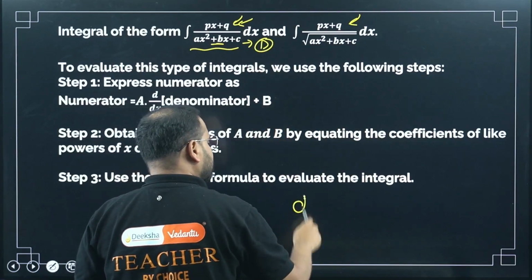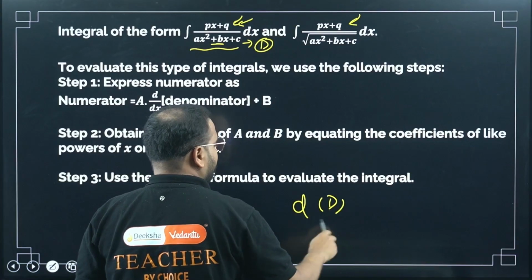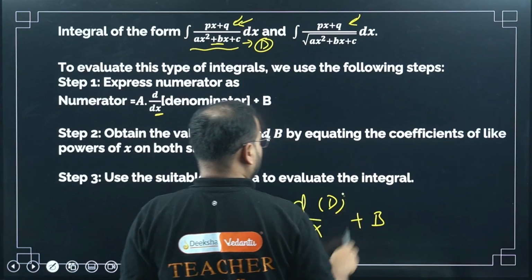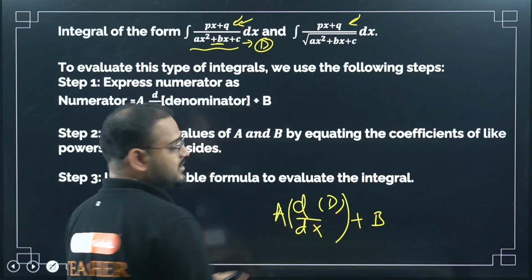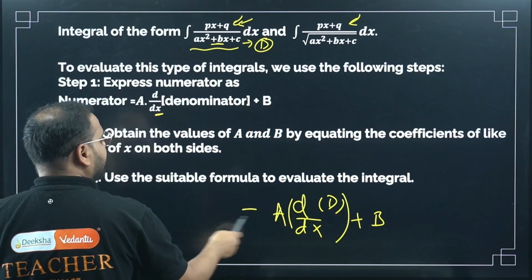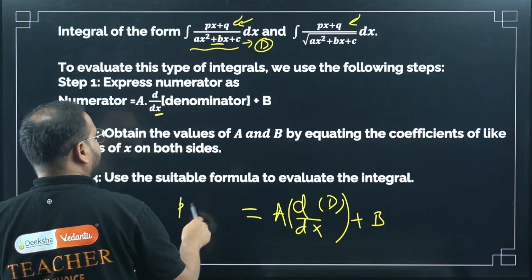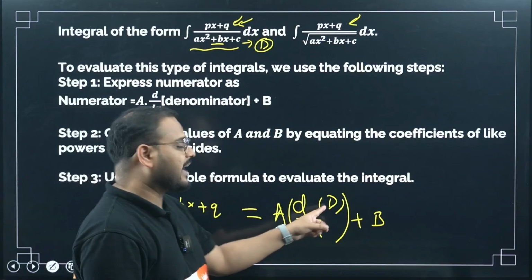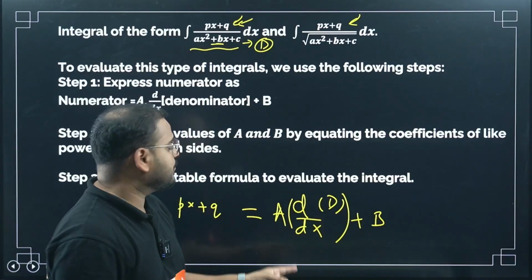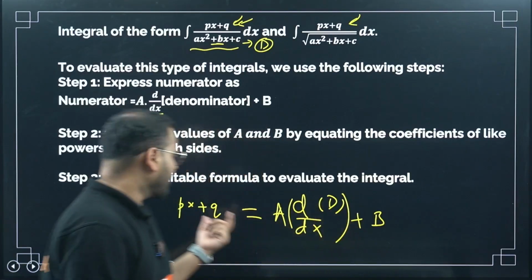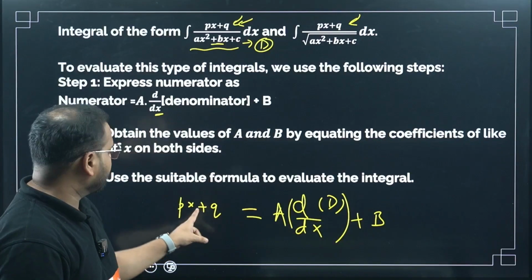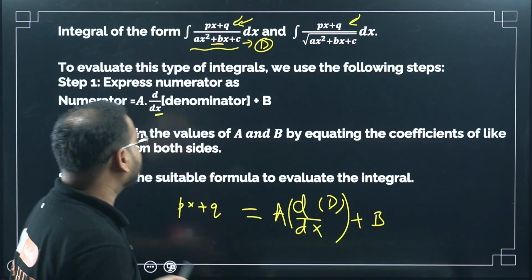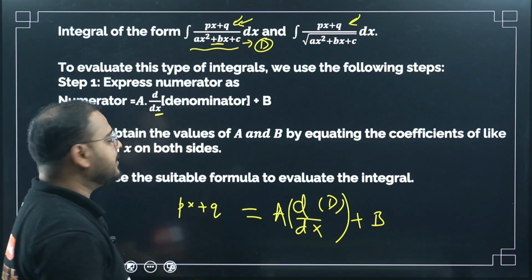I'll differentiate this d with respect to the variable involved, multiply a to only this differentiation, add b, and equate it with the numerator px plus q. If you differentiate, you'll have an x term, or you might not. Whatever it is, you compare the coefficients with p and q. p is the coefficient of x and q is just the constant term.